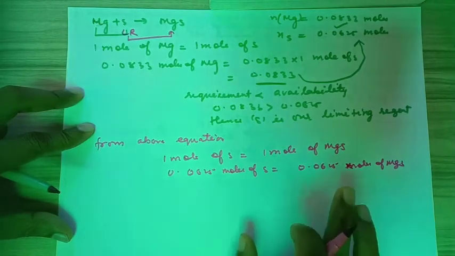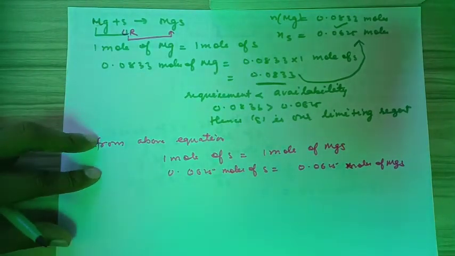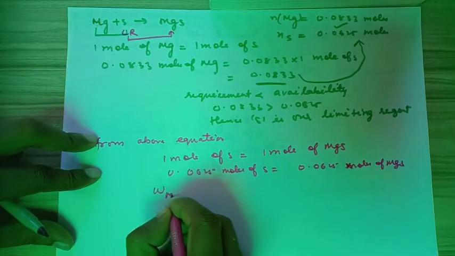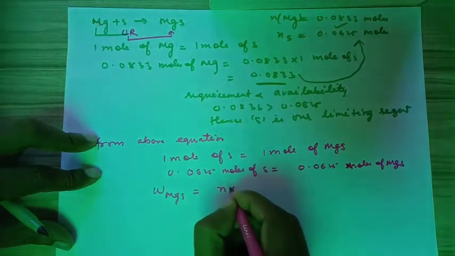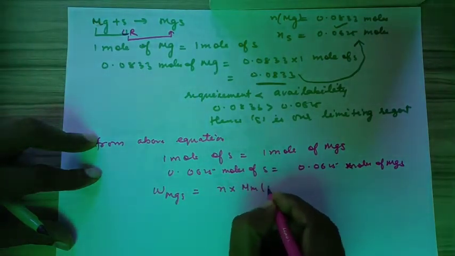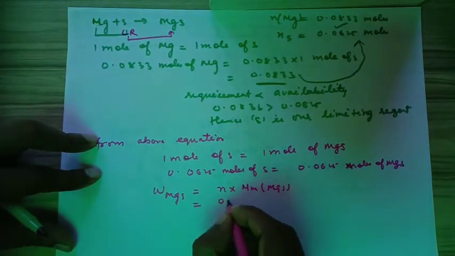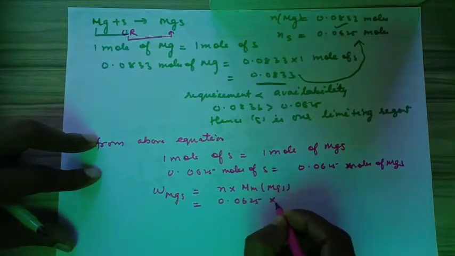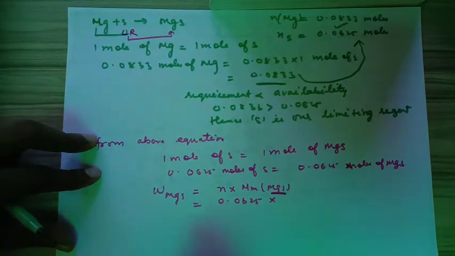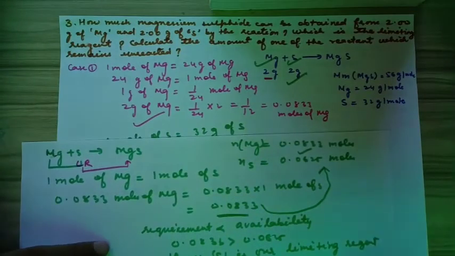Now this is in moles, so now we have to obtain it in terms of gram. So W of MgS will be the number of moles into the molar mass of MgS. So it will be given as 0.0625, and the molar mass of MgS, as we have written here, is 56.